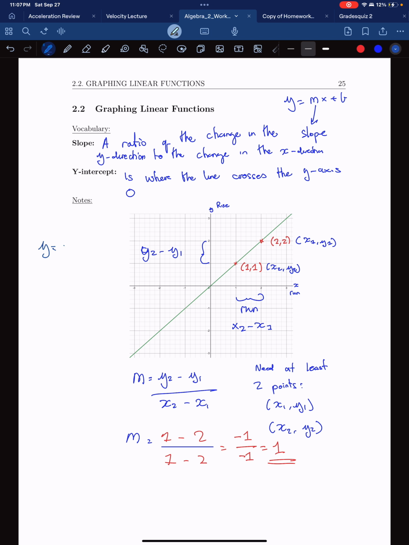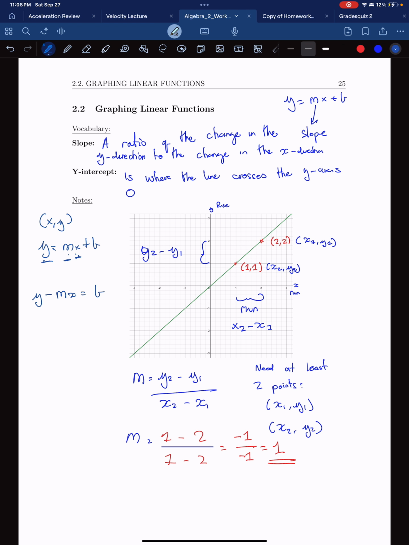If you have y equals mx plus b, and you know the slope and any point, an x and a y, you plug them in for x and y. Then you can easily say y minus mx is equal to b, and that gives you the y-intercept.